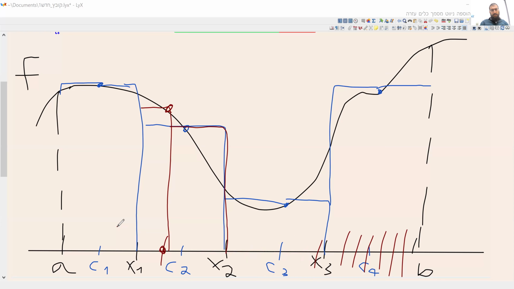Now, if we want every segment to become smaller, with the length tending to zero, we are adding points in a way that the biggest segment tends to zero, becomes smaller and smaller. And if the biggest one becomes smaller and smaller, of course, all the rest of them are becoming smaller too. So this is our next step.